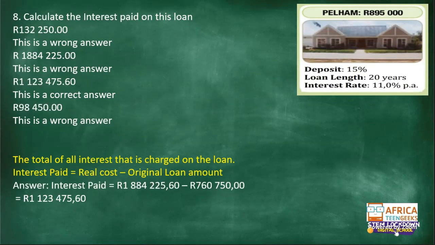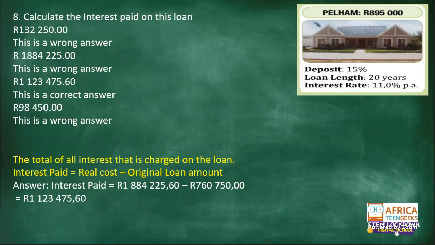You'll pay a lot of money. You'll pay more on this house than someone who bought the house cash. If you had bought the house cash, you would have paid just 895,000 rands. And now you can see that if you pay via a bank, if you take a loan, it will increase because it will come to 1,884,225 rands and 60 cents.